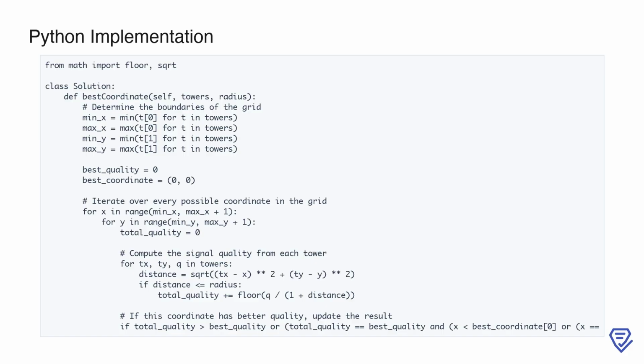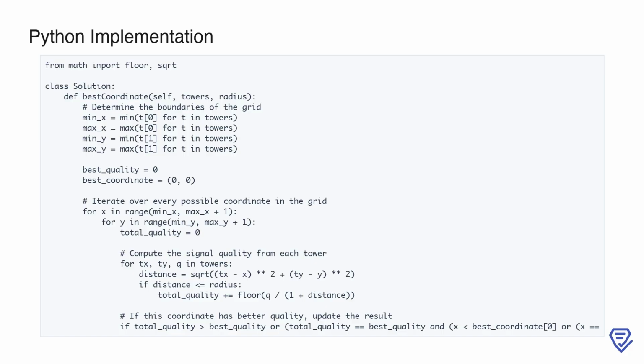Next, we initialize 2 variables, best_quality to keep track of the highest signal quality encountered so far, and best_coordinate to record the associated coordinates. We then iterate over every possible coordinate within the grid, starting with the x values and, for each x, looping through all possible y values. For each coordinate pair, we calculate the total signal quality received from all towers.